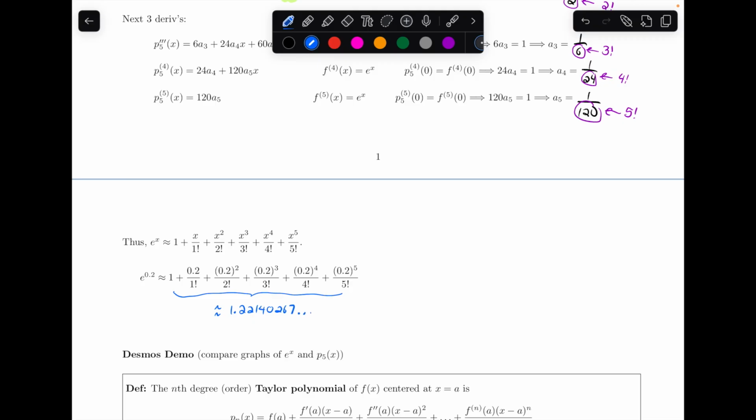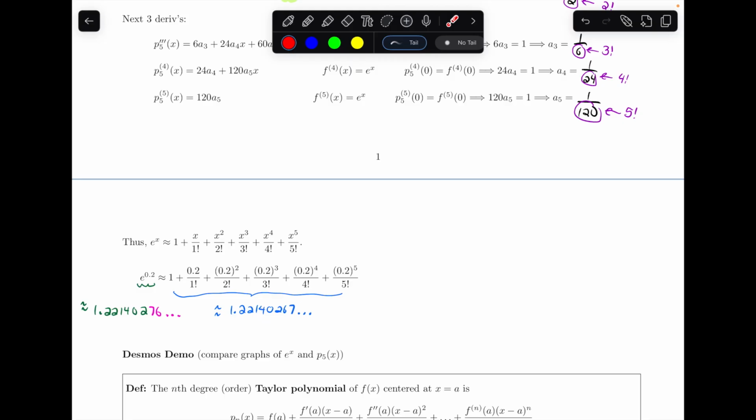I'll put a dot because it keeps going, but those are the first 8 decimal digits. And then if I do that with e to the 0.2 using a calculator, this starts off very similarly. I get 1.221402, but now it's going to be different. Then it's a 7, and then it's a 6, and then it keeps going. So they match actually really, really closely.